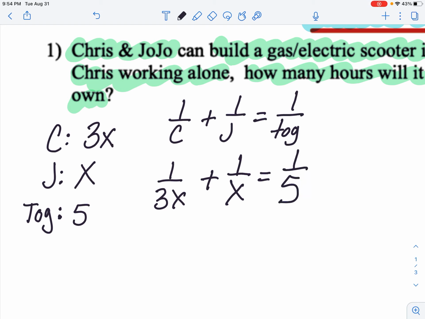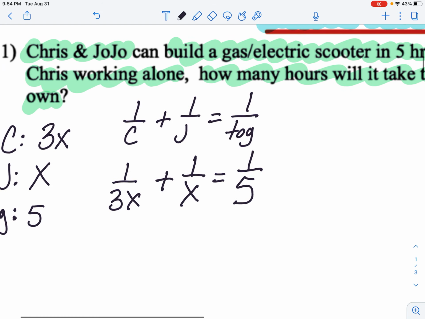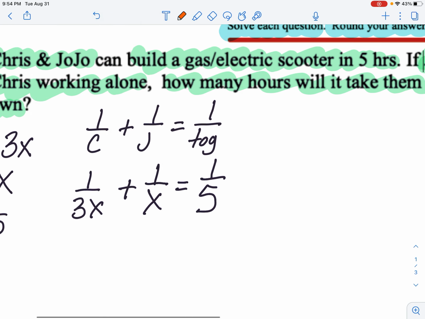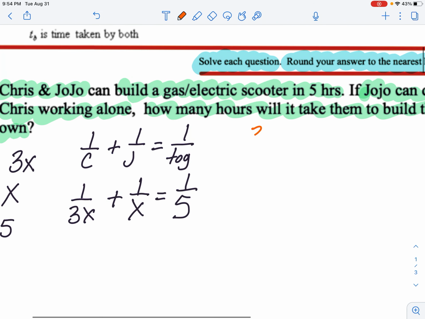Right? So here, we're going to do the same thing that we've been doing before. We're going to multiply the denominators to find what we're going to put on top here. Multiply by 1. So we're going to do 3 times 5.